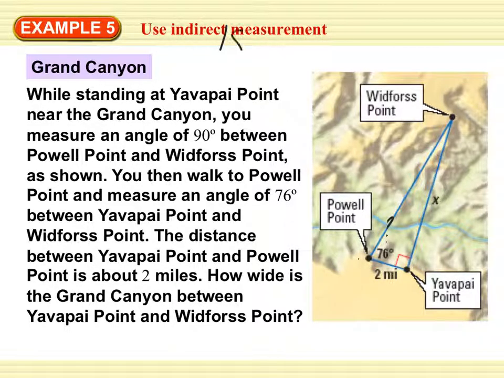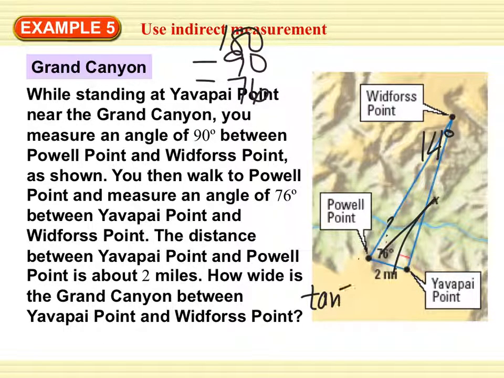I have 180 minus 90 minus 76. 14 degrees. So this angle right here is 14 degrees. We're trying to find x. I don't even know if we need that angle. I do know that if I know 76, I can do opposite over adjacent and get the x.